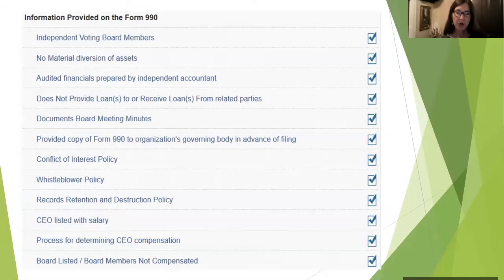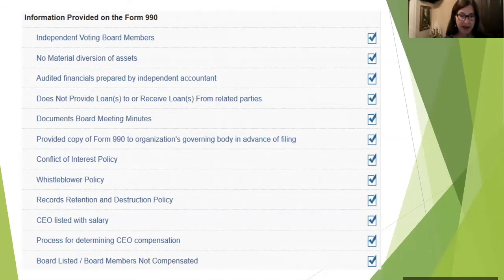So they go through those sections that I told you they added about board governance and policies, and click off who's on your board, whether they're independent, and they look at your audit to make sure that your audit opinion is clean, that you had an audit by an independent accountant.